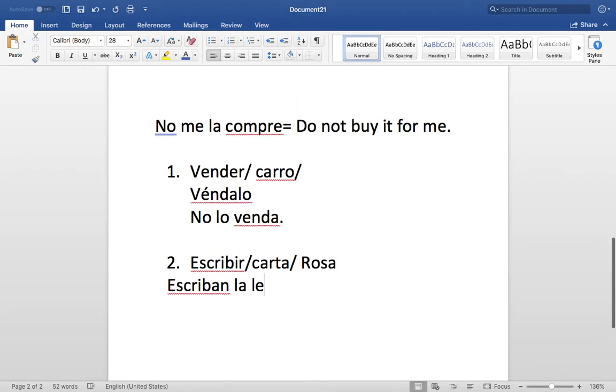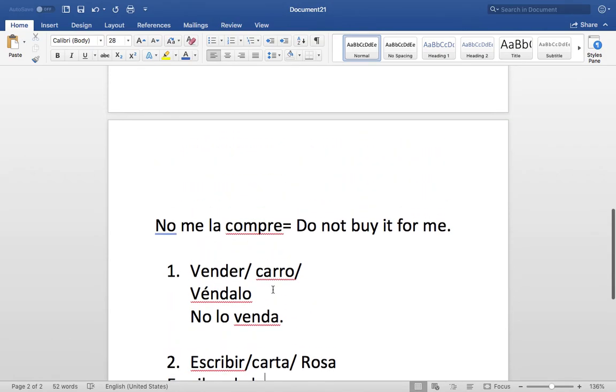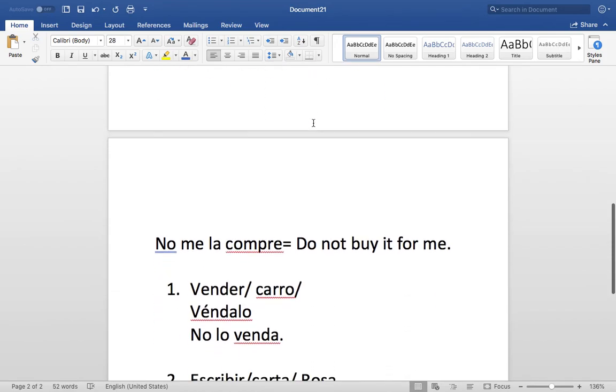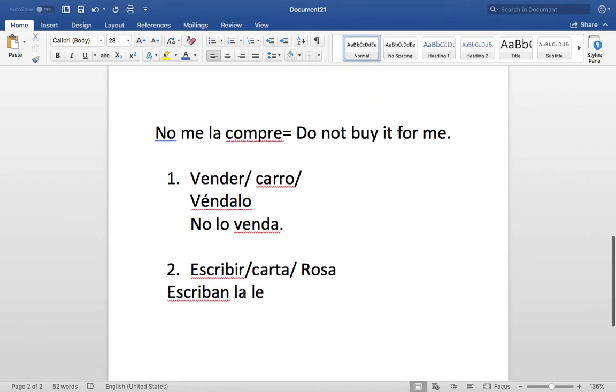Now, remember, this is wrong because in Spanish you have to have indirect and then direct, okay? So the indirect is le and the direct is la. Le is Rosa and la is letter. And you're supposed to attach everything to the command, right?